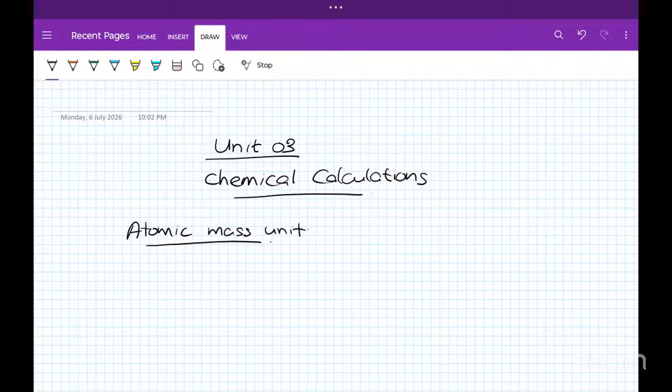So based on SI units, people are trying to measure the mass of an atom as well. But the mass of an atom is a very, very small value, and it is a complex value as well. For example, the mass of an electron is 9.109 into 10 to the power minus 31 grams.